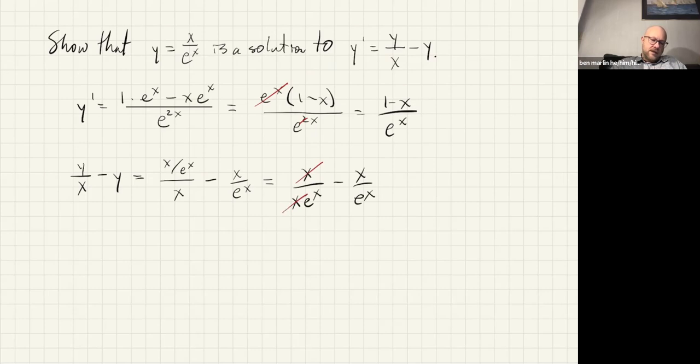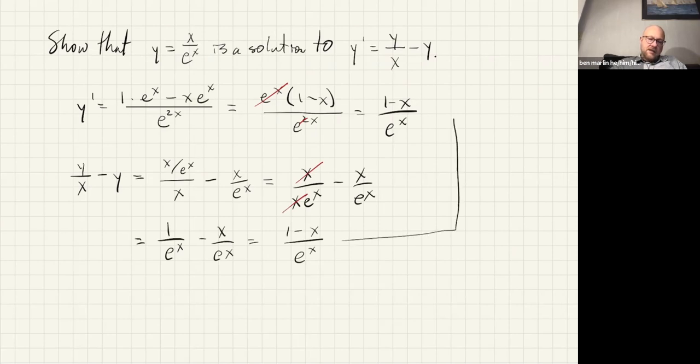So then this turns into 1 over e to the x minus x over e to the x. And since they've got the same denominator, you can turn it into 1 minus x over e to the x.